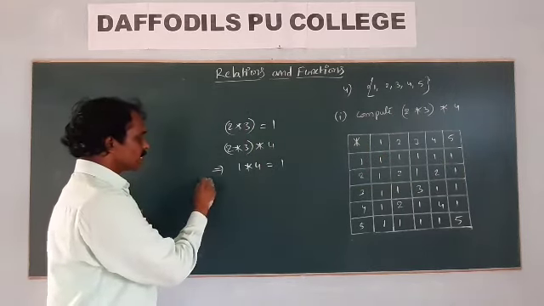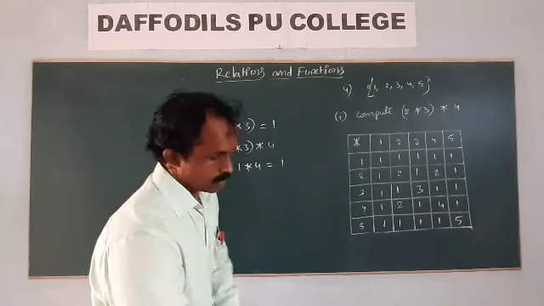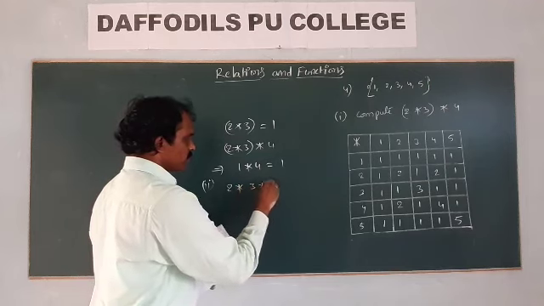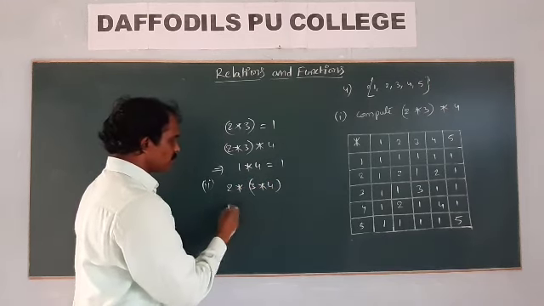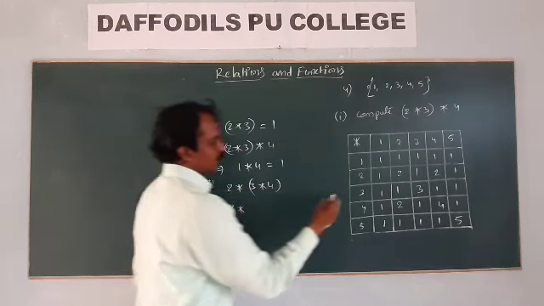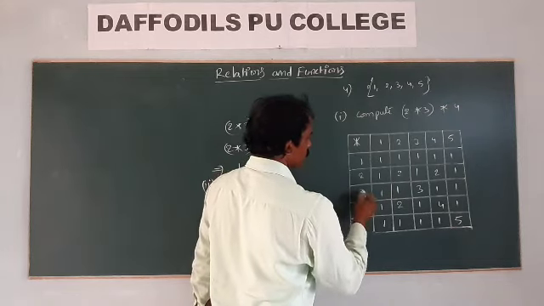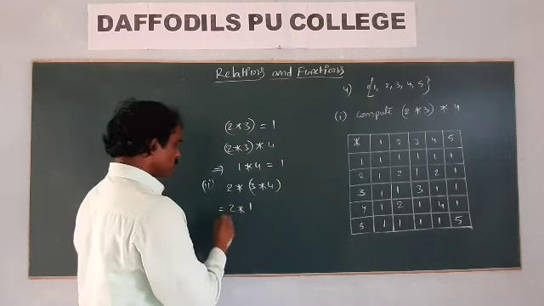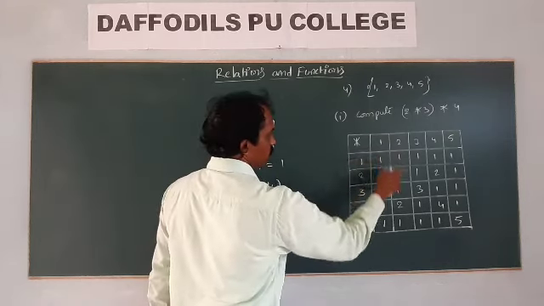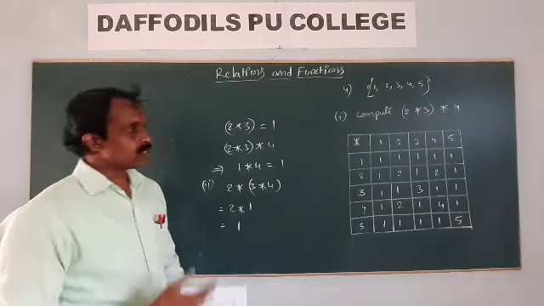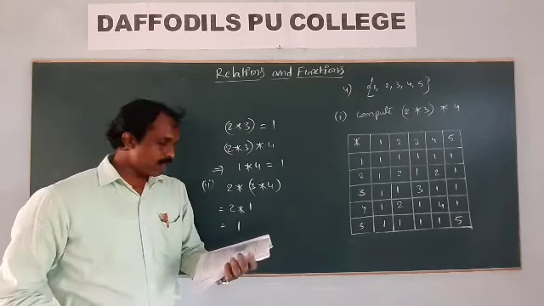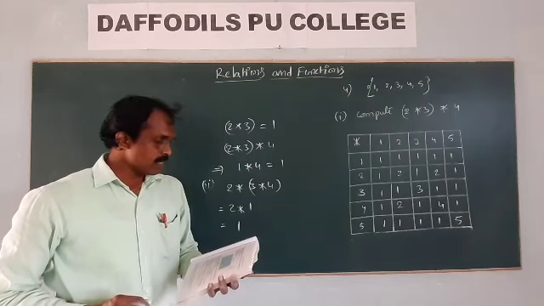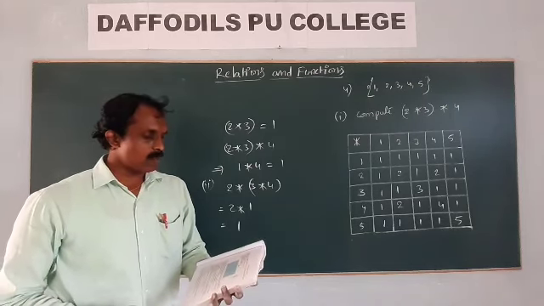Second bit: 2 star of 3 star 4. First find 3 star 4, which is 1. Now 2 star 1 is found from the given table. Here star is some binary operation. The remaining second bit we will do.